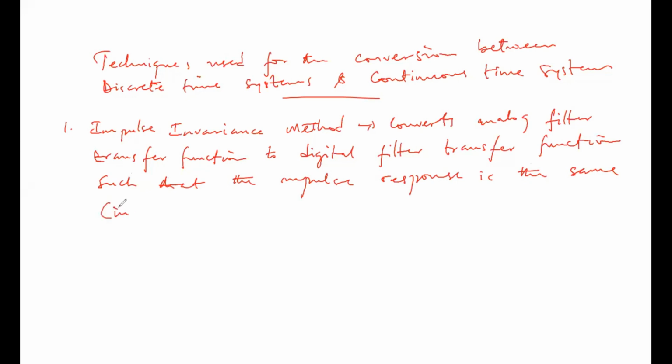That is invariant. Okay, the impulse response is the same at the sampling instant. And then we have, by mathematical representation, that z, being the Z transform, is the same as e to the sT. So this is the discrete domain, and this is the continuous domain. Okay. So that's one.